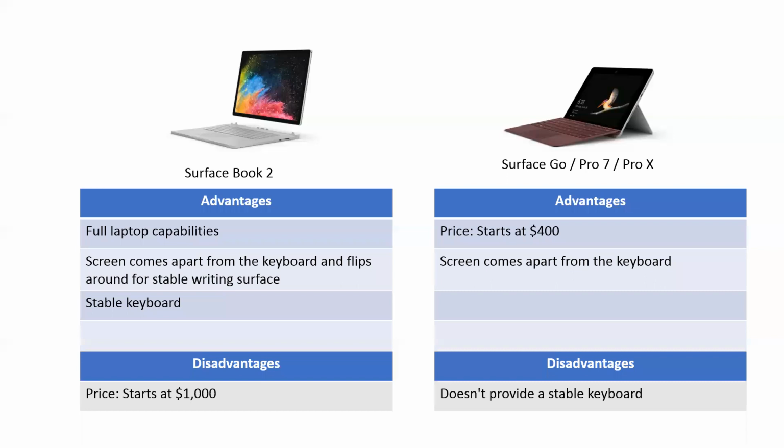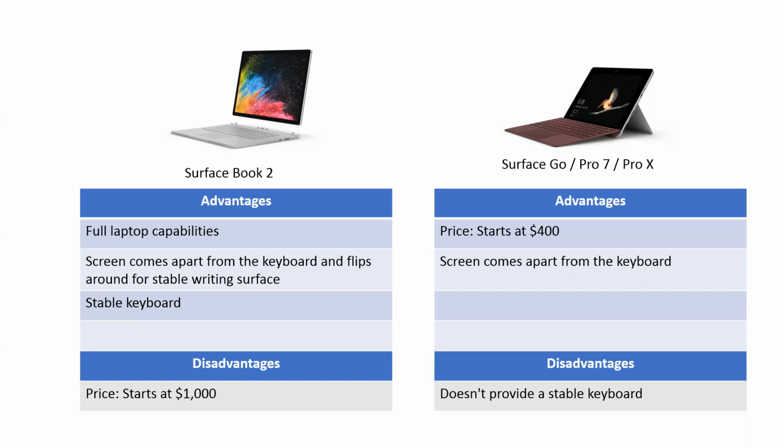Now let's look at the computer on the right-hand side of the screen. It is either the Surface Go, Pro 7, or Pro X. Remember, the difference between those is that they're not configured the same, but they basically work the same in that the keyboard does come off of the tablet, and you could use just the tablet without the keyboard.